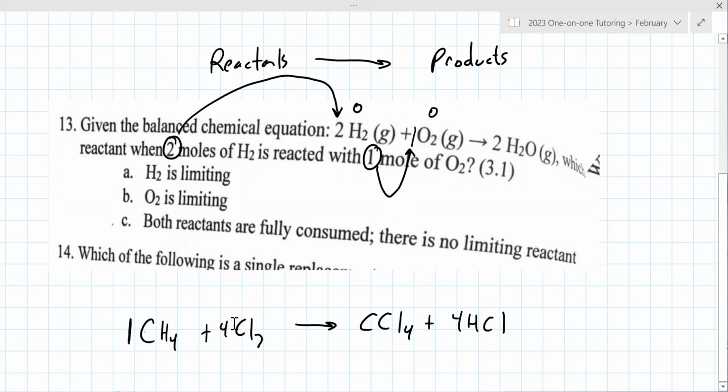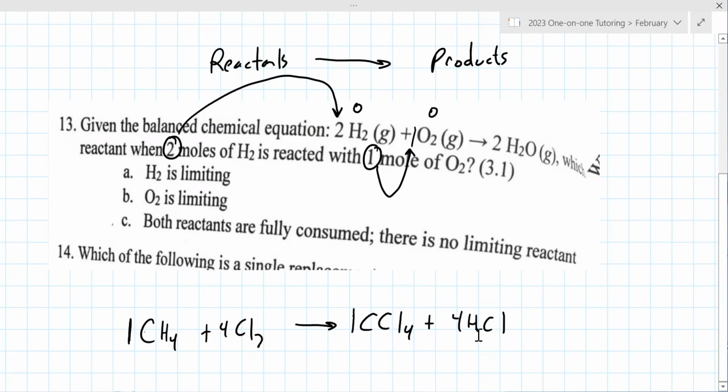So in the reactant side, 1 mole, 4 mole, and on the right it's 1 mole of carbon and 1 mole of CCl4, whatever that is, tetrachloride or something.